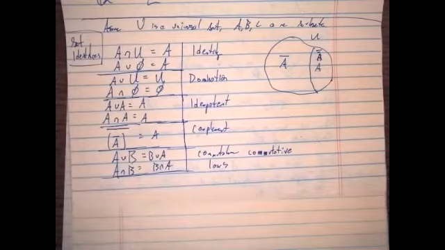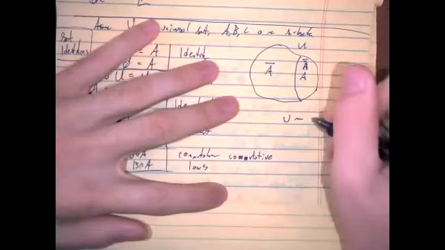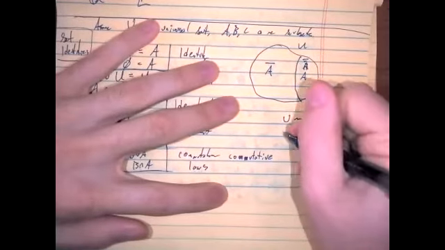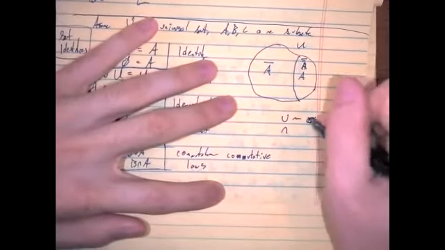Your question was how to go from these identities to logic identities? That's right. Yes, so union would be and, and intersect would be or. Very good. So union goes to and, wait, sorry.